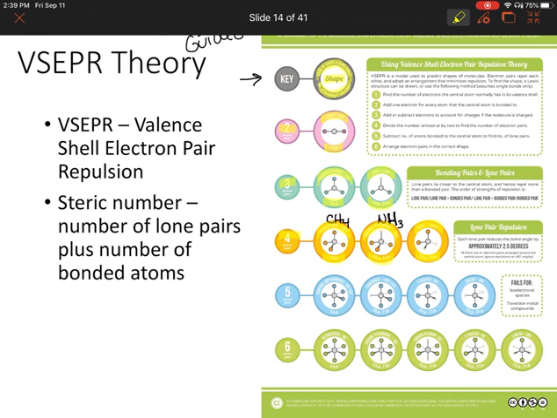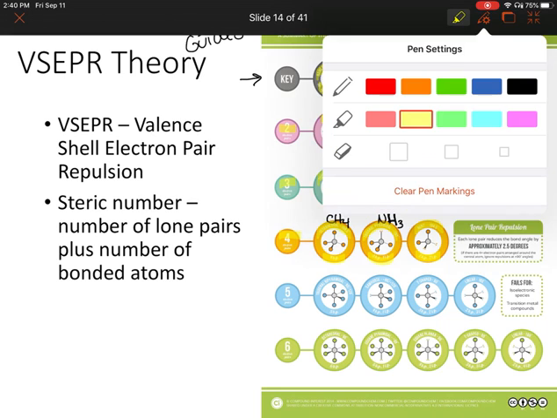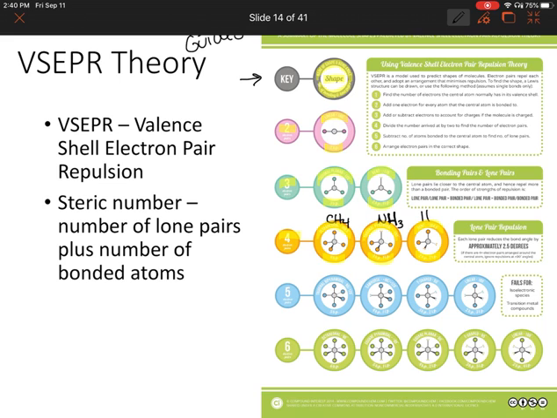So you'll notice that for this bent tetrahedral shape, the bond angle is even smaller. It's 104.5 degrees, and that's due to the fact that there are 2 lone pairs that need even more space. So they're pushing those 2 bonded atoms even closer together. So a good example for this one is H2O.